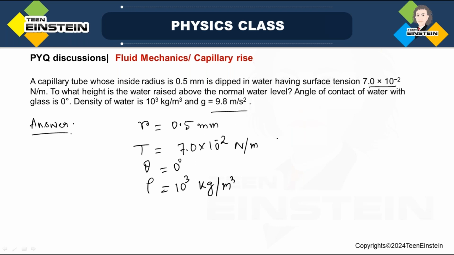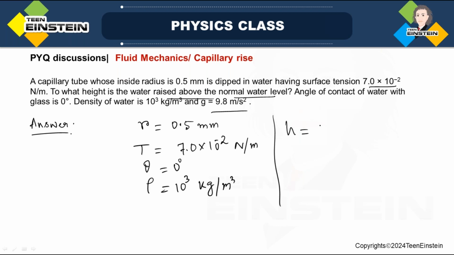So the question is asking you to find out the height which is raised above the normal water level inside the capillary tube. That means capillary rise. And see here, there is no mention of consideration of the water inside the meniscus, that means the normal formula will be taken.